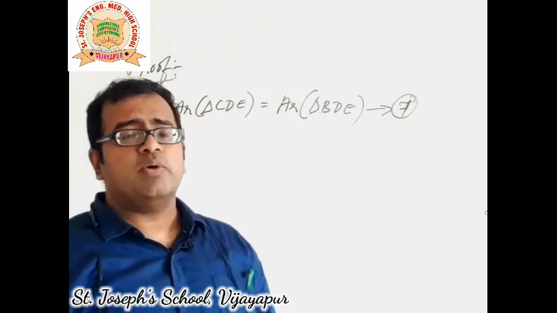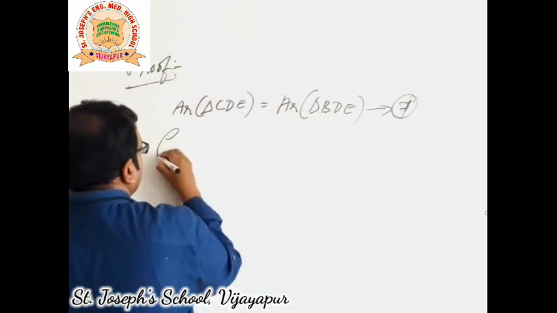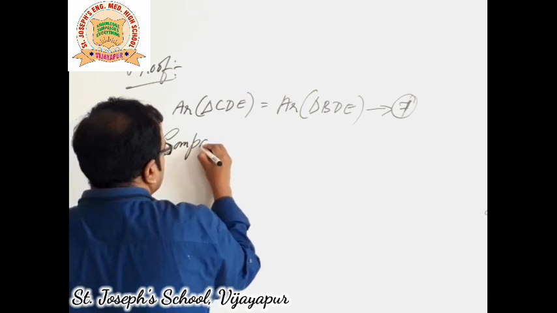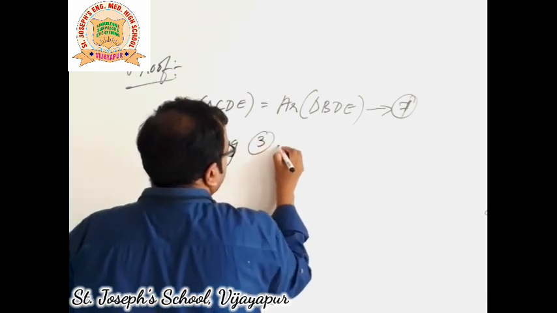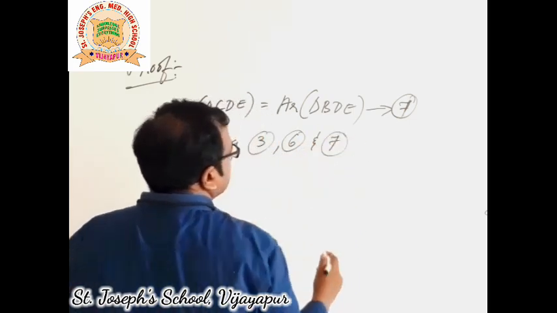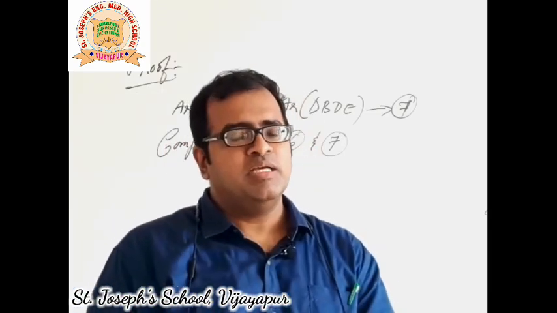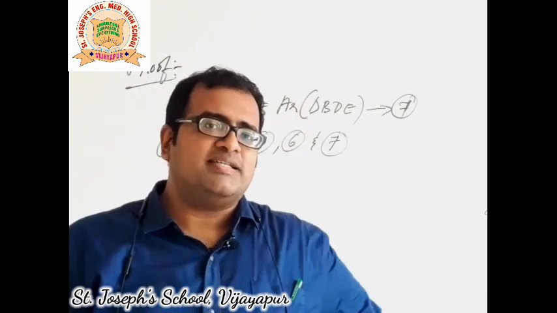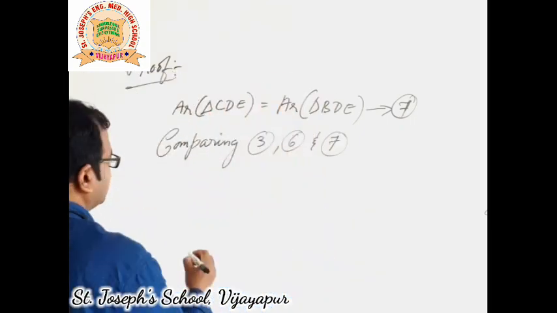Now comparing equation 3, 6 and 7. Take all these three equations together and have a look. The left hand sides of equation 3 and 6. What is that?